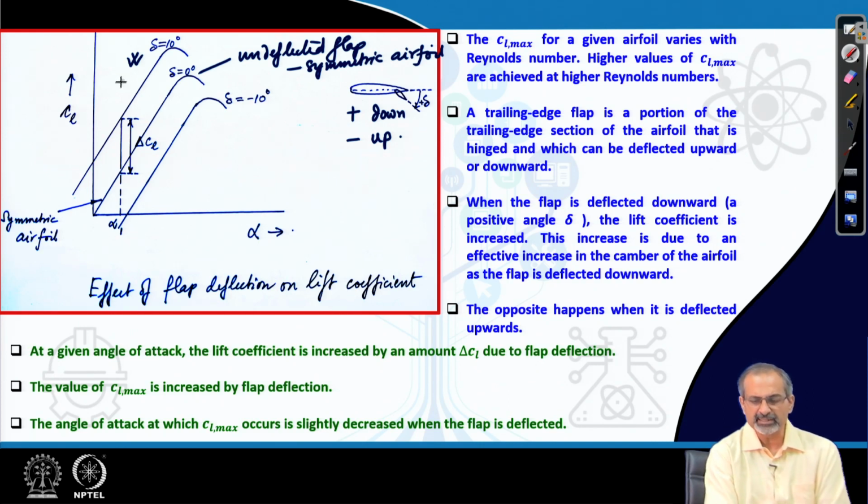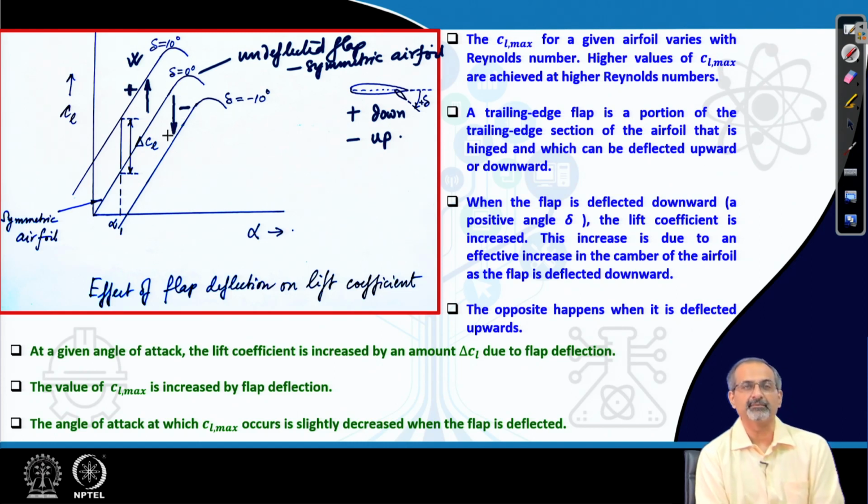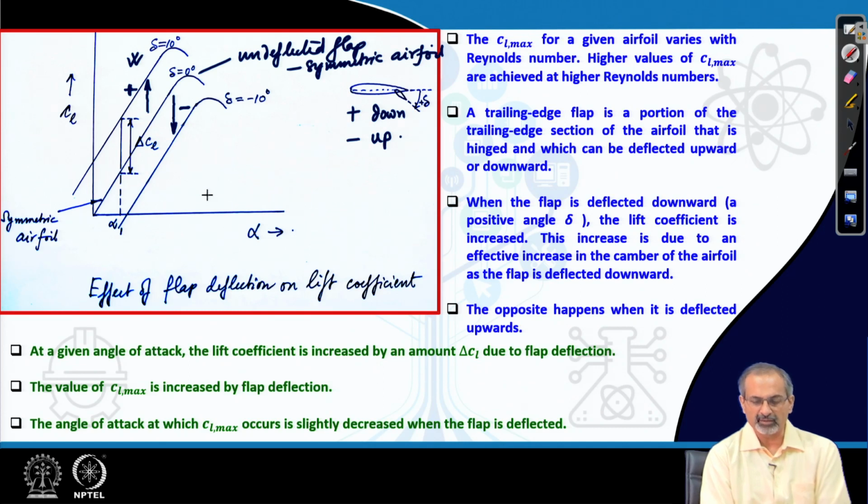In that case, what you see is that when it moves down, the lift curve pushes up. When the flap is deflected up, the lift curve pushes down. This is due to the positive camber, while this is due to the negative camber. The whole lift curve is moving up or down, keeping its slope unchanged.